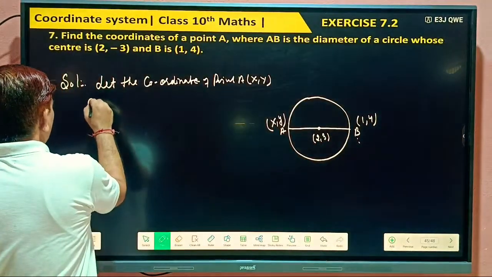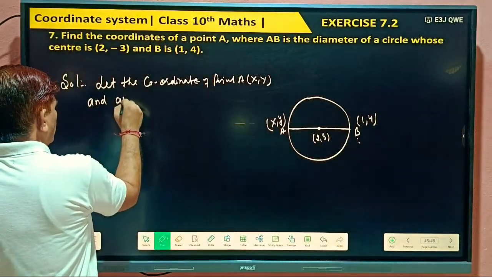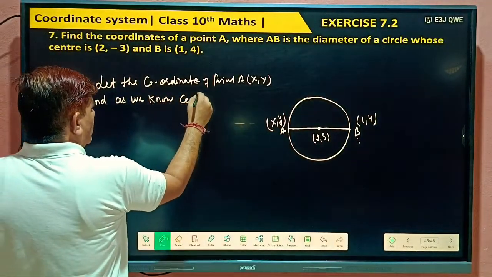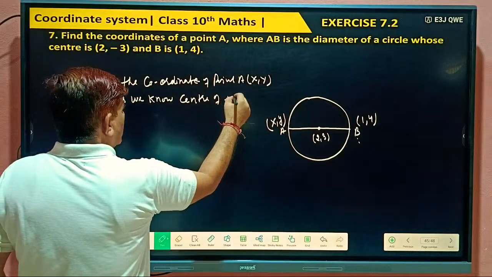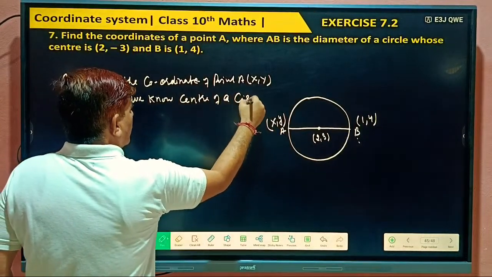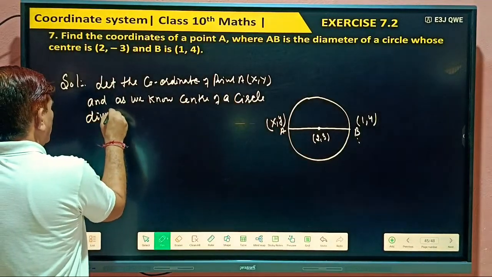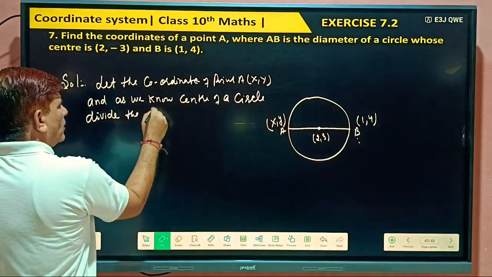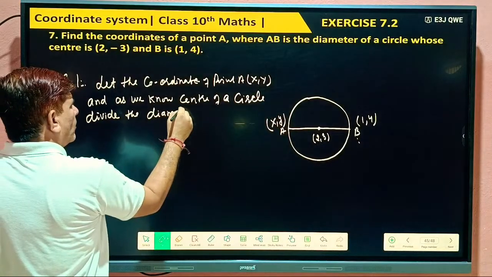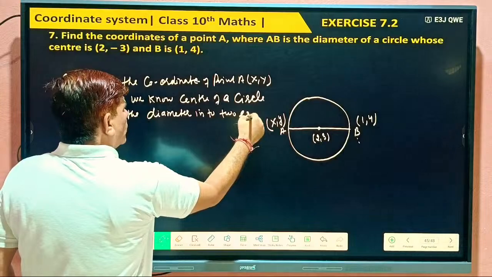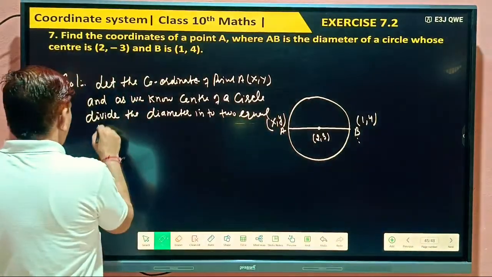And as we know, the center of a circle divides the diameter into 2 equal parts.